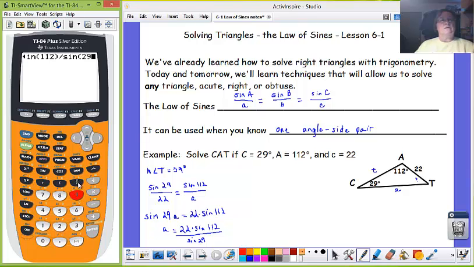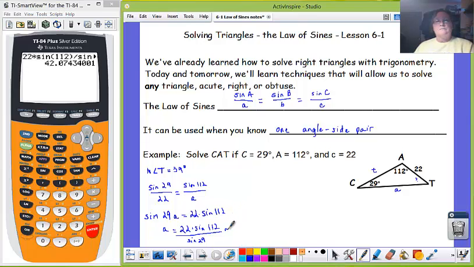I would just caution you to be careful about your parentheses. And it says here that the side A should be about 42.1, and we didn't have a unit of measure on that. That sounds reasonable.